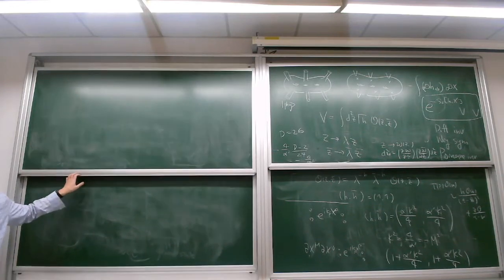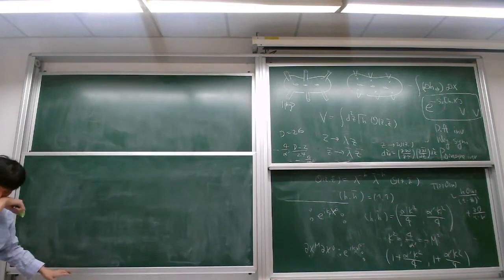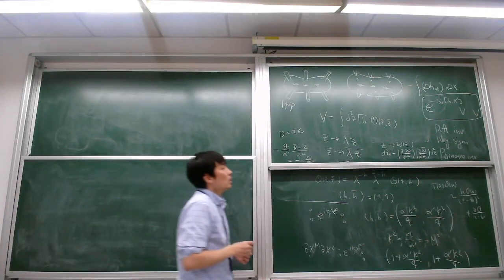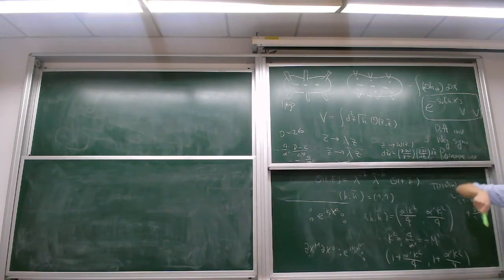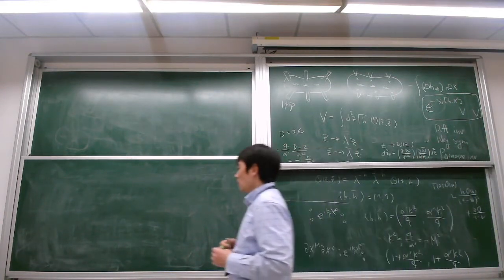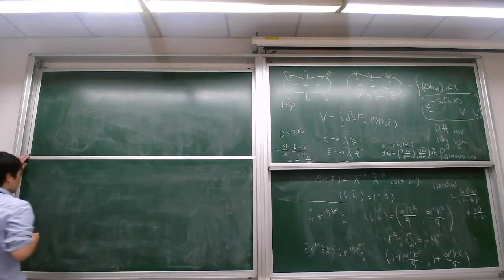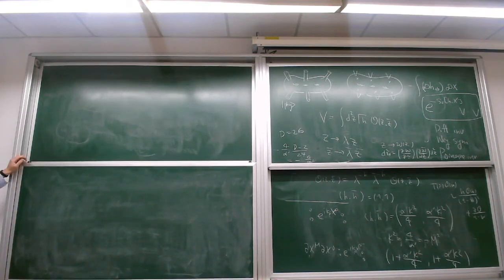For the bosonic string, we will consider how to deal with this path integral, and before that, we need to consider a bit more general string theory. So first, we try to generalize the bosonic strings.